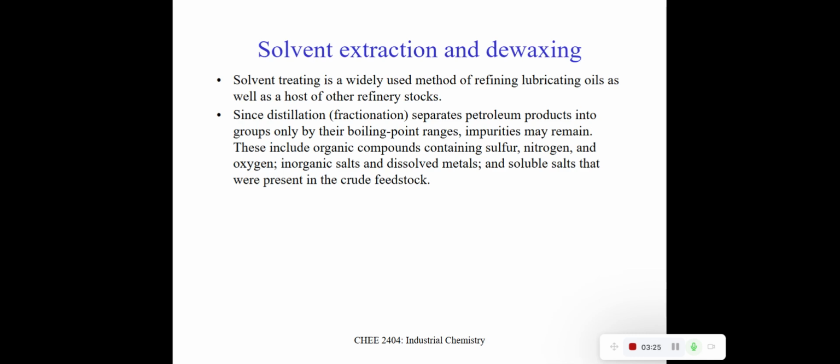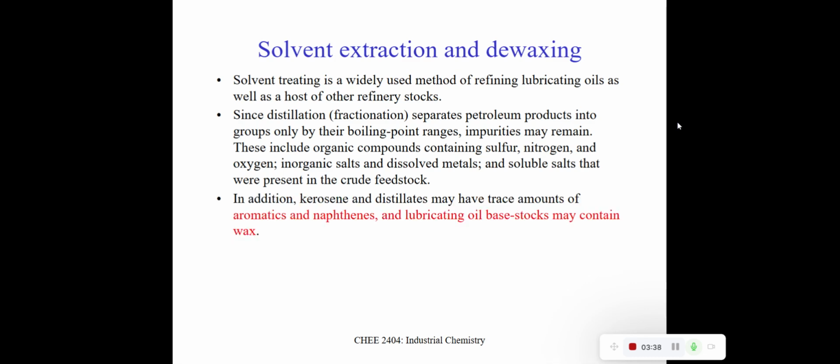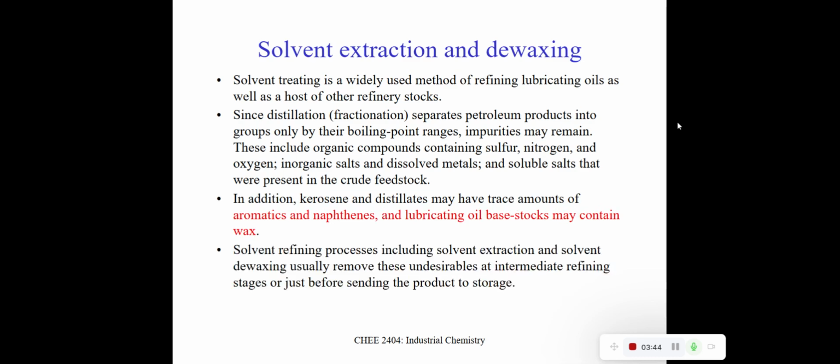Now these can be reduced by removing the asphaltic material such as the aromatic compounds, naphthenes, etc. These may contain wax also. So the solvent refining process, including solvent extraction and solvent dewaxing, usually removes these undesirable components at intermediate refining.